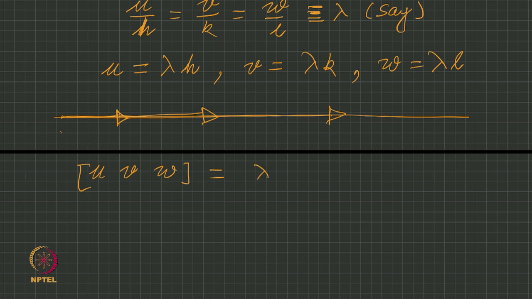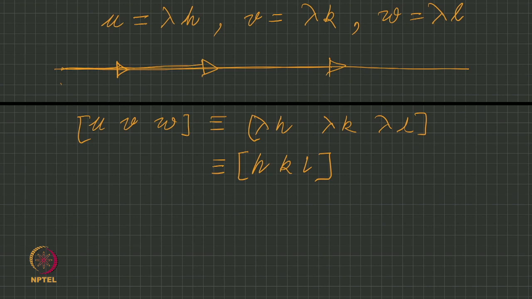So, u, v, w becomes lambda h, lambda k, lambda L, and dividing by lambda, since we have said that we can divide by any constant factor, we get h k L, and that is the beautiful result we were looking for. That is why cubic is so simple. So, u v w becomes h k L.